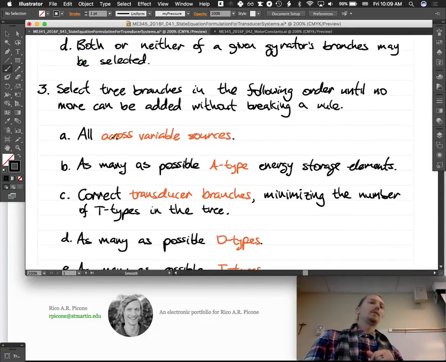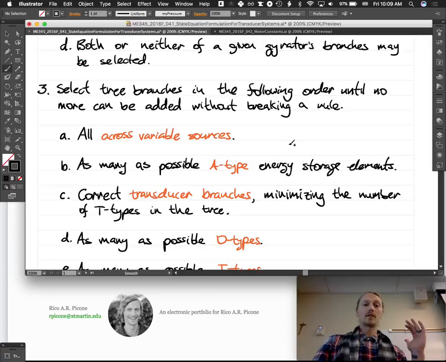And then step 3 is to select tree branches in the following order until no more can be added without breaking a rule. So, A, select all across variable sources to be in the normal tree, which is the exact same first step that we had before. B, as many as possible A-type energy storage elements. Once again, same exact step as before.